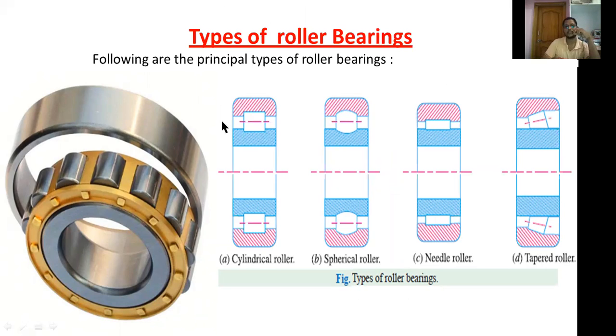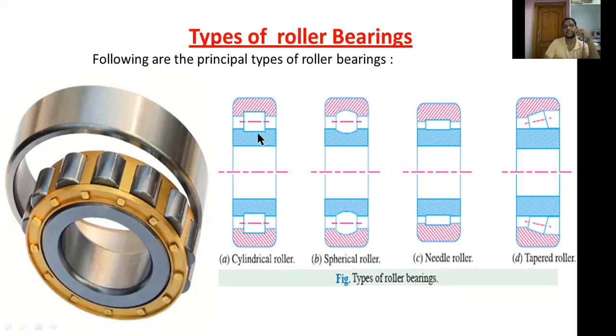Now these are the examples for different types of roller bearings. This one is a cylindrical roller bearing. This one is a spherical roller bearing. This one is a needle roller bearing. This one is a tapered roller bearing.